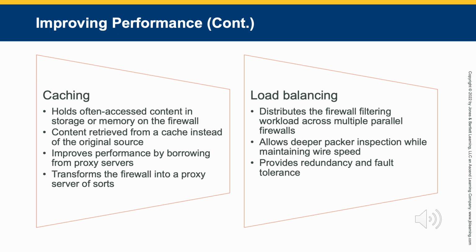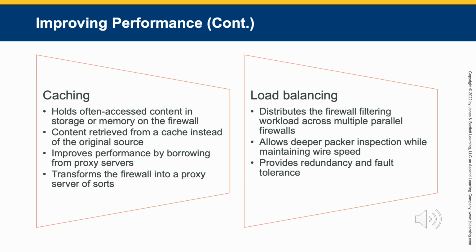Caching holds often accessed content in a storage of memory on the firewall. The content can be retrieved from a cache instead of the original source, which improves performance by borrowing from proxy servers and transforms the firewall into a proxy server of sorts.